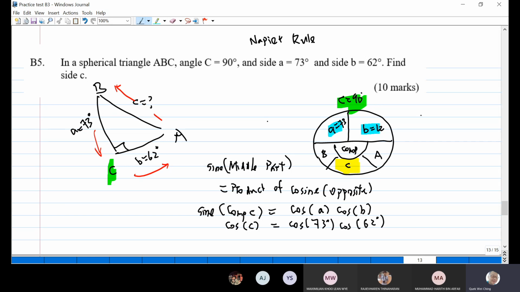So now we check what side C is. I find cosine of 73 degrees times cosine of 62 degrees, then find out what this is. This is 0.13.